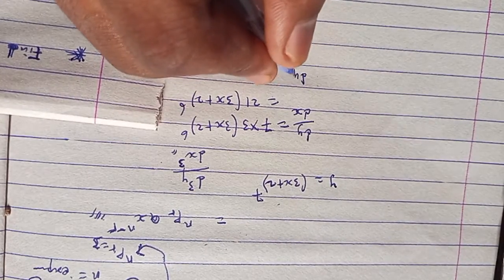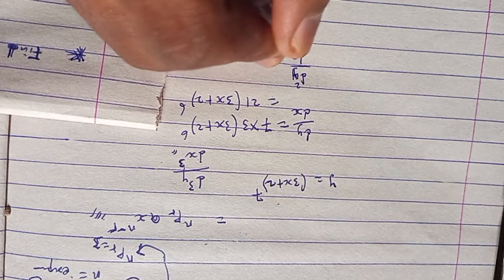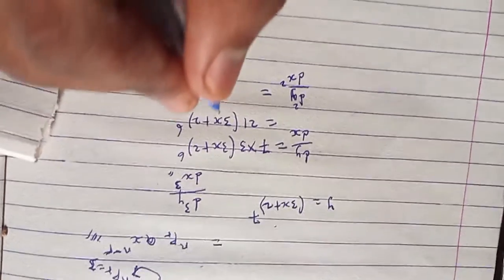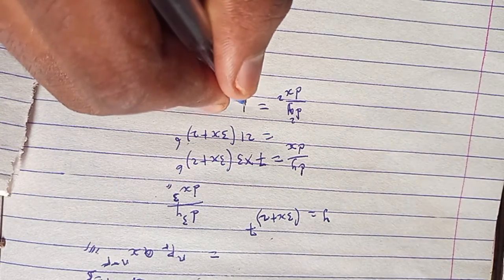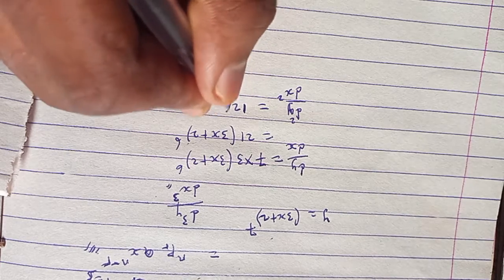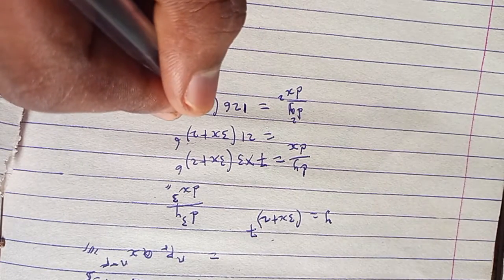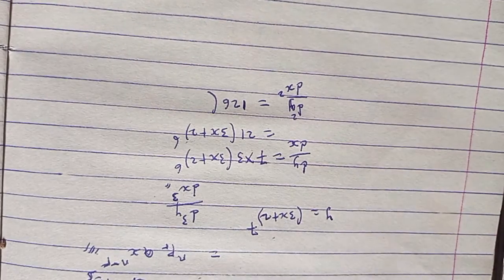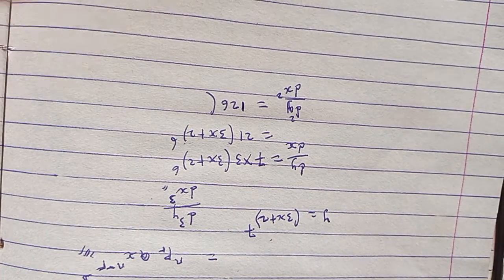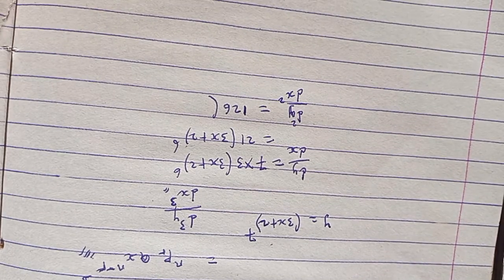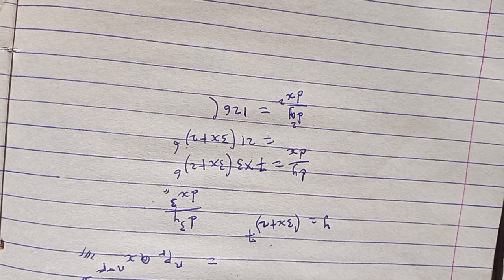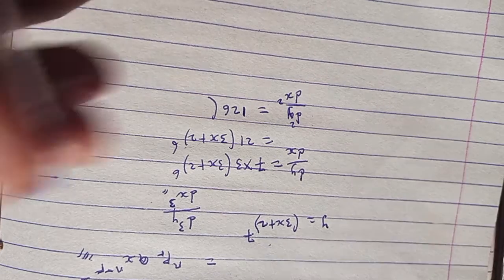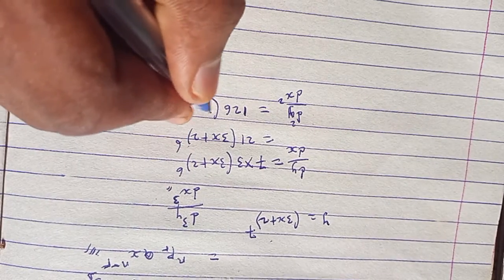Then we'll have d squared y over dx squared equal to 126 multiplying by... let me test that before I make a mistake, because I made a mistake somewhere and I don't want to upload that video. So I have 6 times 21, which is 126. So that is really 8.